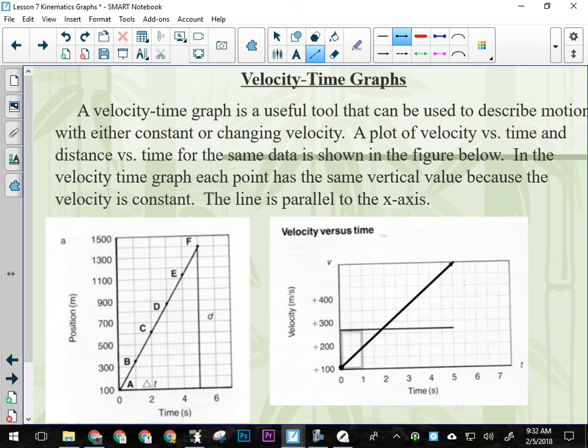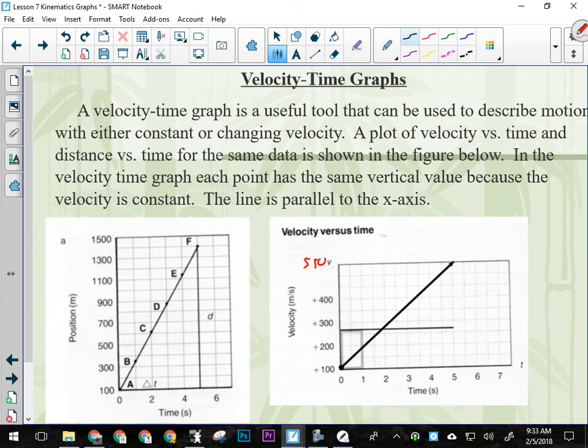It started at a velocity of 100 meters per second and went to a velocity of 550 meters per second. Any change in velocity is called an acceleration. That's an object that is accelerating. It's showing the velocity changing over time. Everybody with me there? All right.